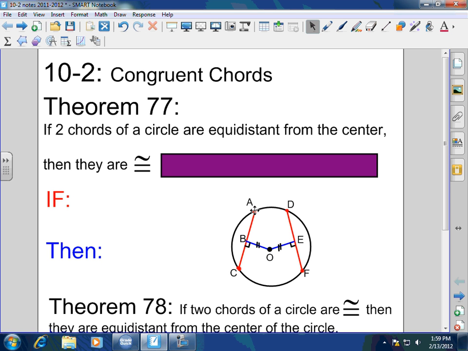If two chords of a circle are equidistant from the center, then they are congruent. Now, if you noticed, I color-coded the red with the red and the blue with the blue. And what it's saying is, if OB is, and I should have made that blue, sorry about that.